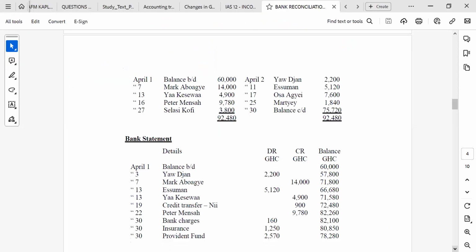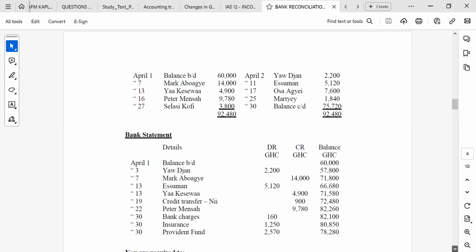Okay, so I'm still on the credit side. Peter Mensah 9,780. Has that been captured in the cash book? Yes, please. Okay. So you can see that we don't have any transaction on the credit side again.